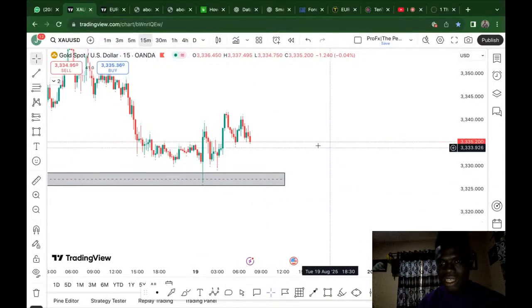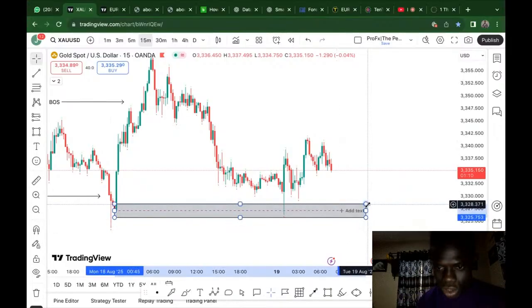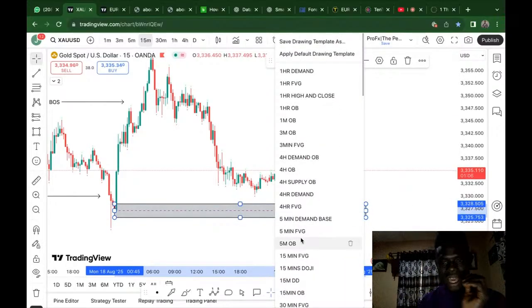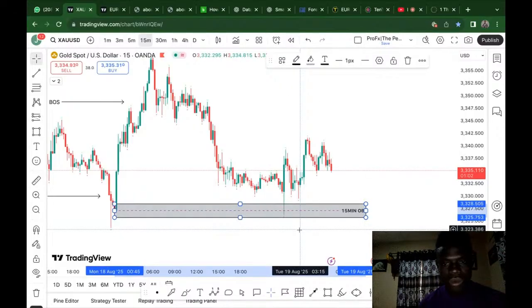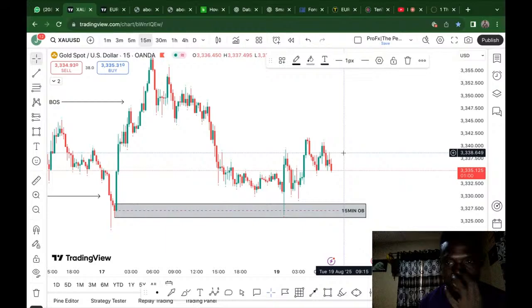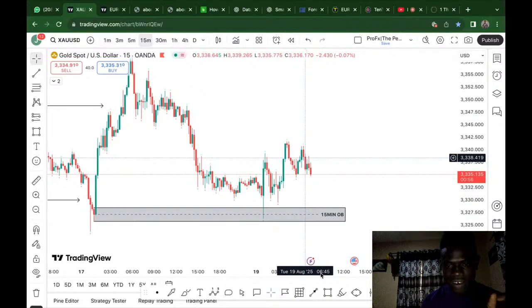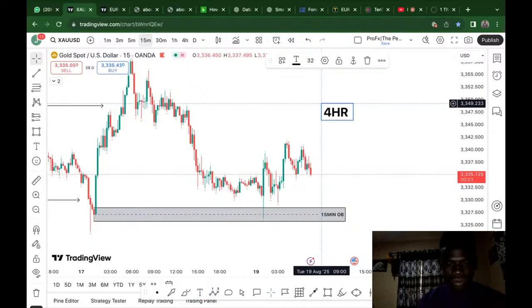The same thing as it is on the higher time frame, so it is on the lower time frame. So it means a 15 minutes week can give us a 5 minutes order block. You see it now. A 4 hours week gave us a 15 minutes order block. I repeat, we just saw how a 4 hour week gave us what? 15 minutes what? Order block.